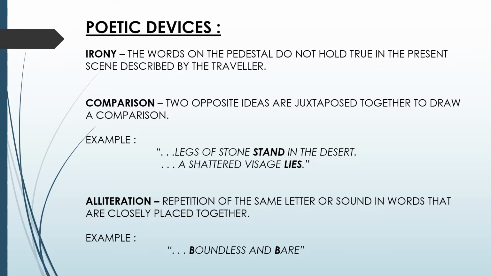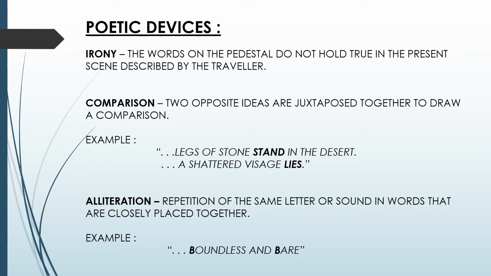Of course, the pedestal says, "Look at the might and power of the king and the kingdom." But there is no king alive and the kingdom lies in ruins. There is no glory to be witnessed. So the words are ironical to the situation or the scene described in the poem by the traveler. Hence, irony is a poetic device.